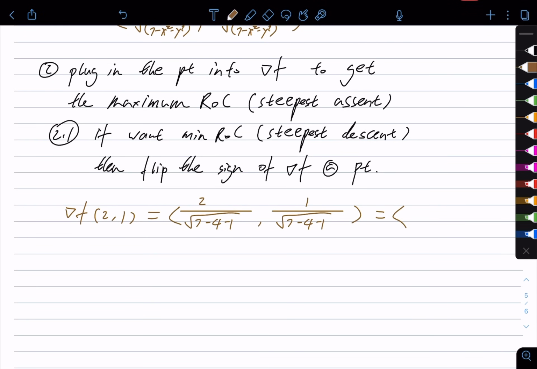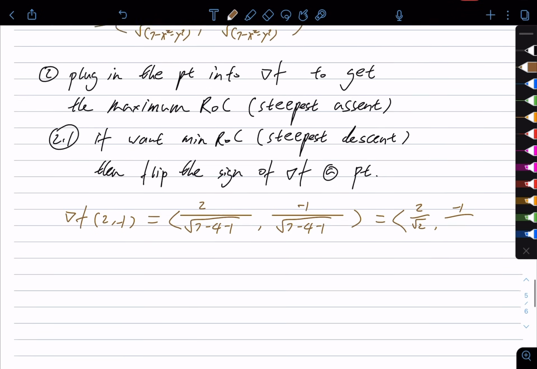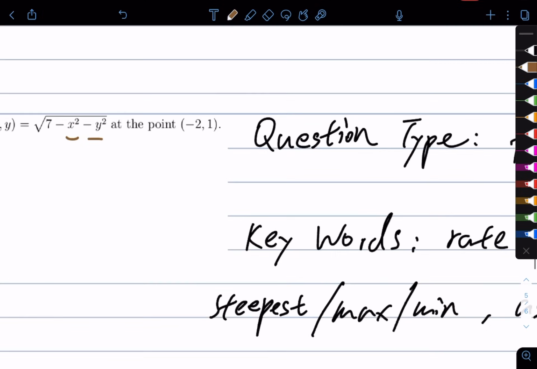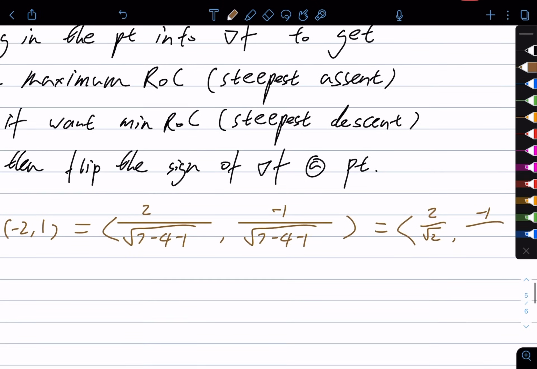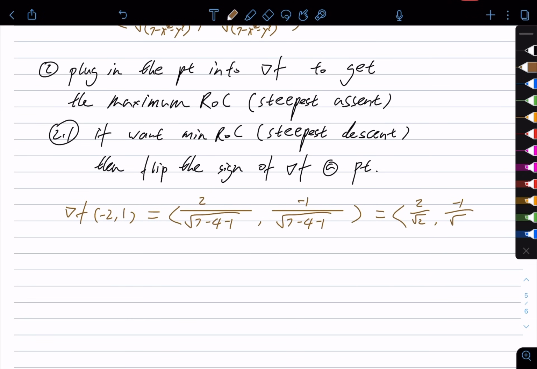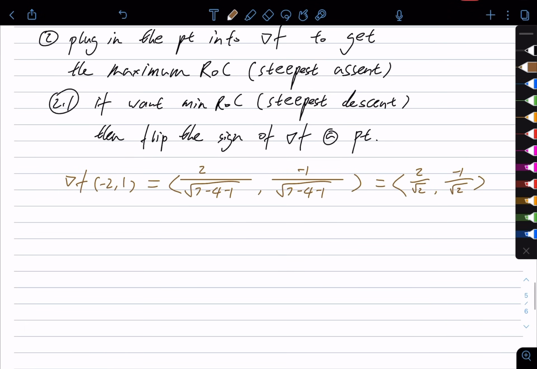Actually, this is negative 2 and 1. Negative 2 gives positive 2, and then negative 1. So we have 2 over root 2 and negative 1 over root 2. This is the gradient, a vector.